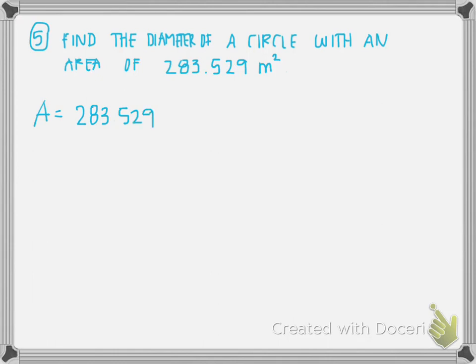My area formula is pi r squared. So I can find my radius, and then I'll be able to find the diameter. So 283.529 equals pi times your radius squared. So I'm still going to divide by pi.